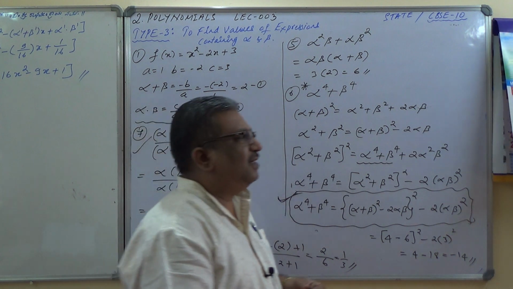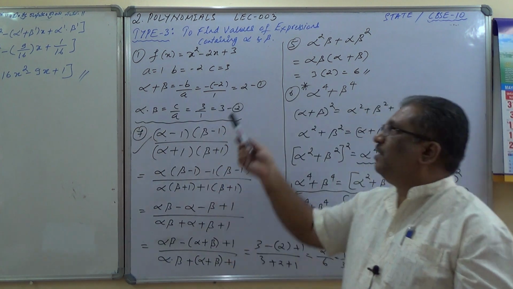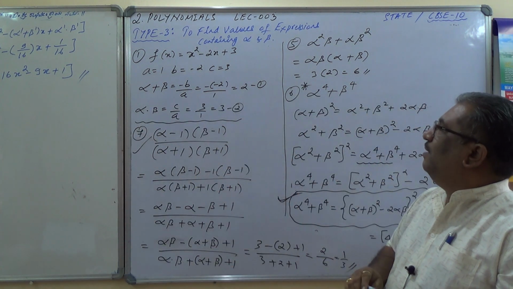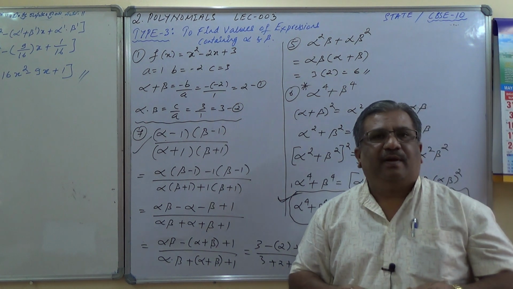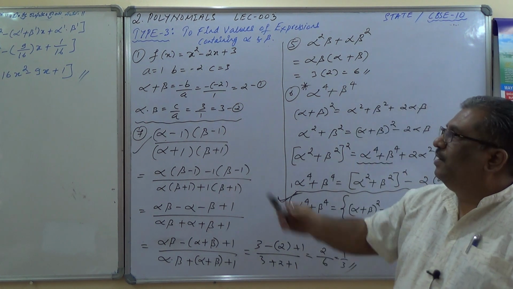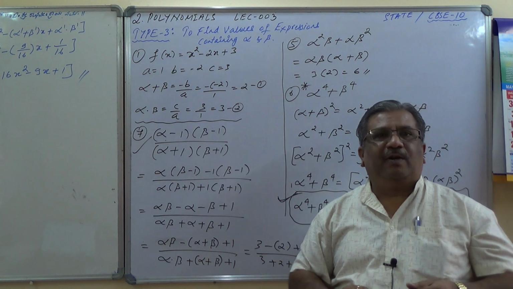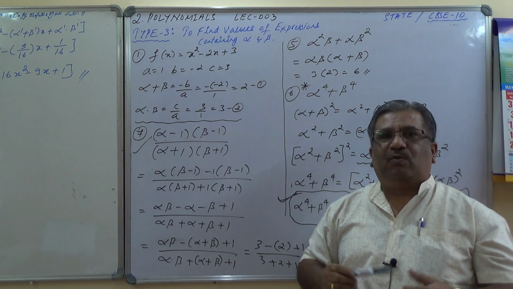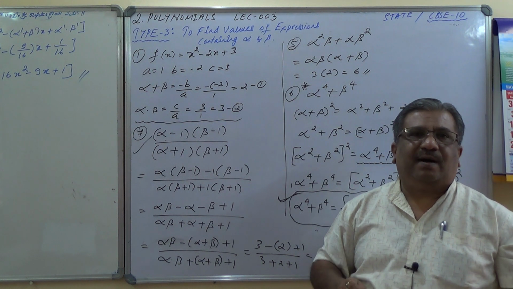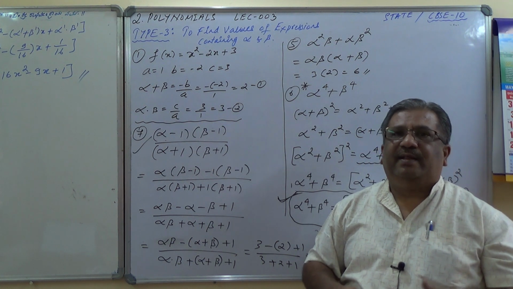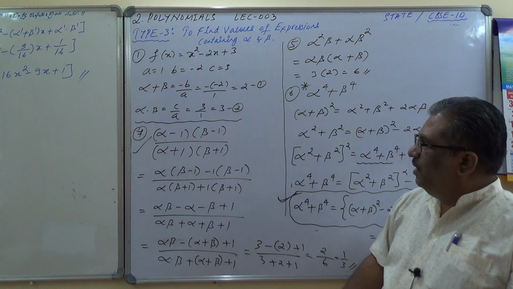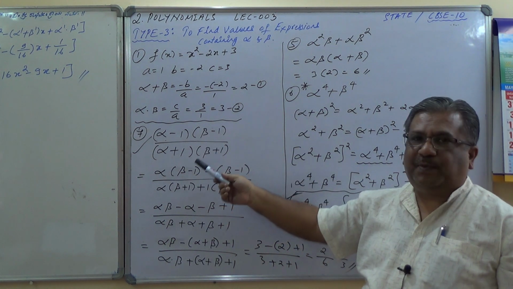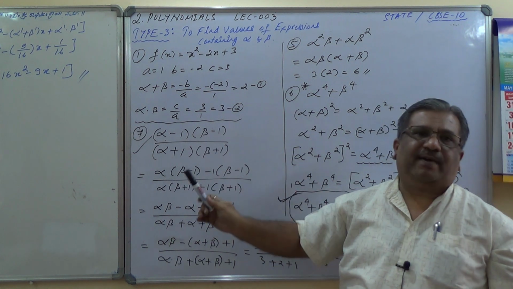Dear students, in type 3 I took so many expressions, especially when the given quadratic polynomial is such that you are not able to find the roots alpha and beta by splitting the middle term. In that case, how do we find the values of expressions that involve alpha and beta?